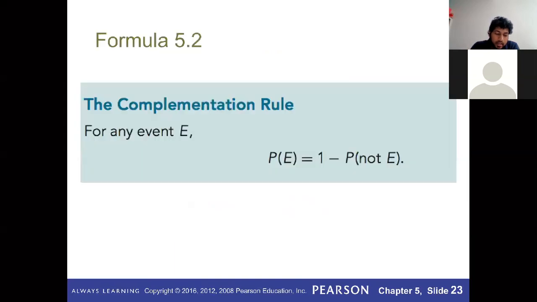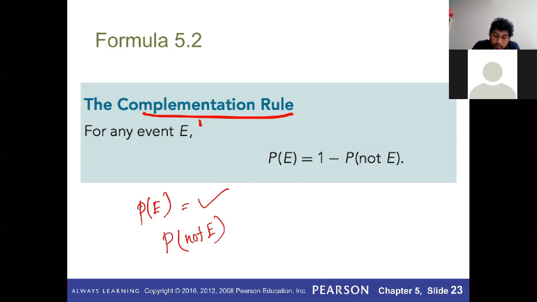Just one more thing, the complement rule. Complement rule means if you have an event E and you know the value of this event E, then you can find not E. You know the probability of event E, and you need to find the probability of not E. How do we find it?